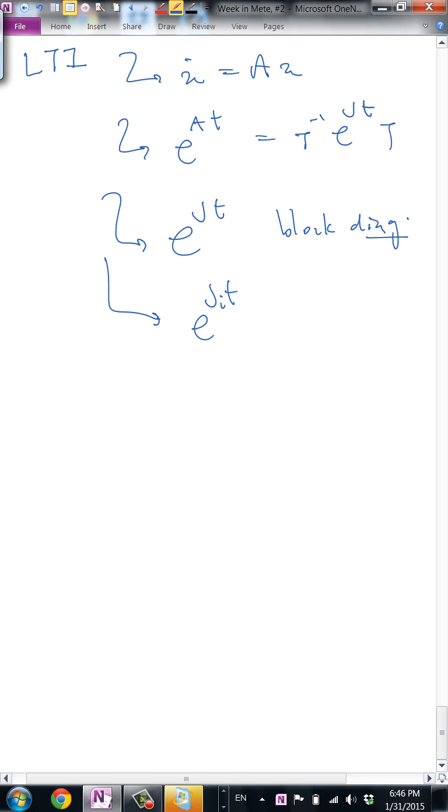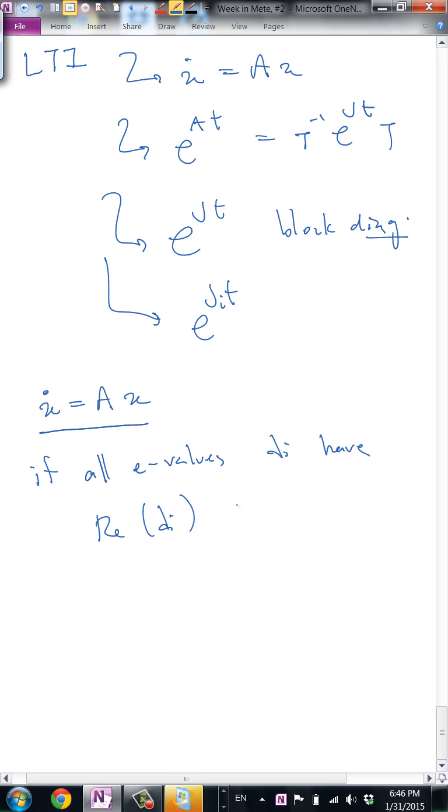And here's our final answer for stability. So x dot equal to Ax: if all the eigenvalues lambda i have the real part of lambda i less than 0, then the system is stable.